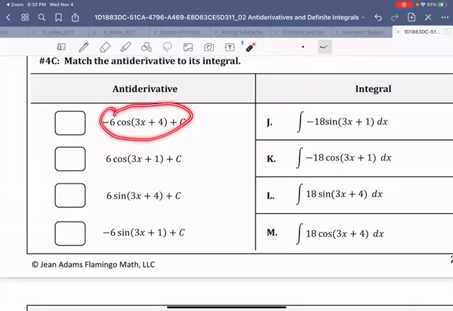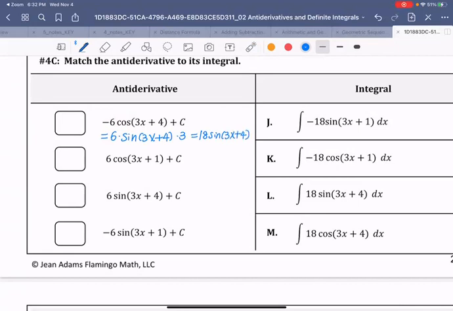Now this guy's derivative is 6 times sine 3x plus 4 times 3, right? Yes, because the derivative of negative cosine is negative, negative is positive. So this becomes 18 sine 3x plus 4, right?